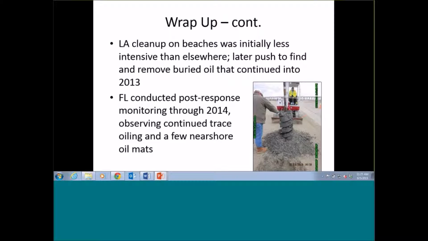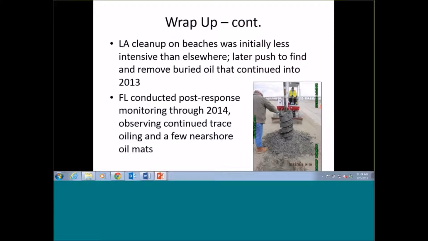They even found some of those near-shore subtidal mats that had been missed during the main response, and those were cleaned up. One of the most recent ones was a couple thousand pounds, I think, removed from that mat. Those mats were generating oil on the beaches periodically, so they went out and surveyed for them, found those, and then did the removal actions.